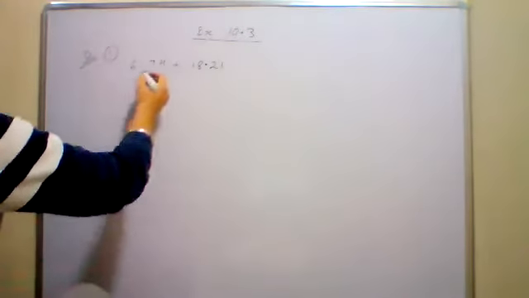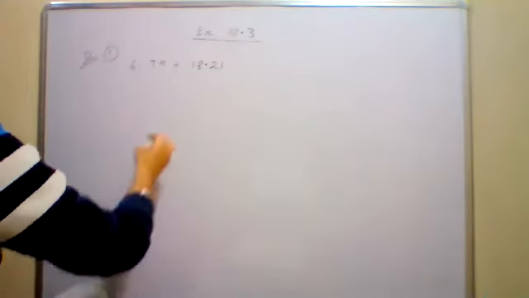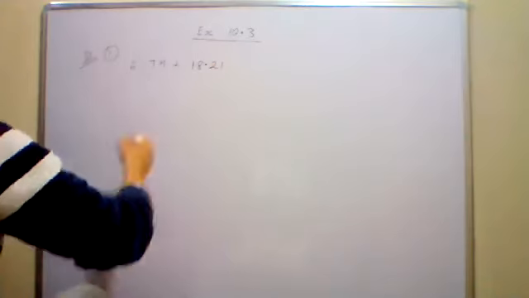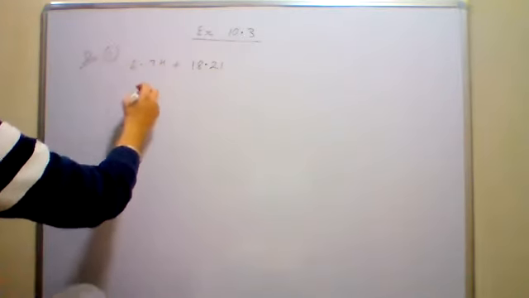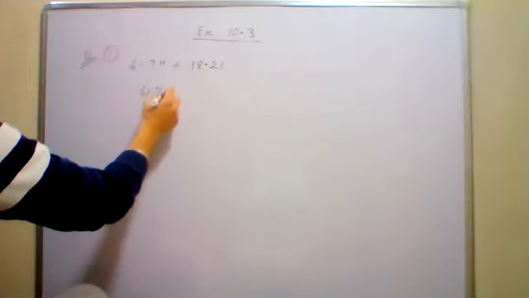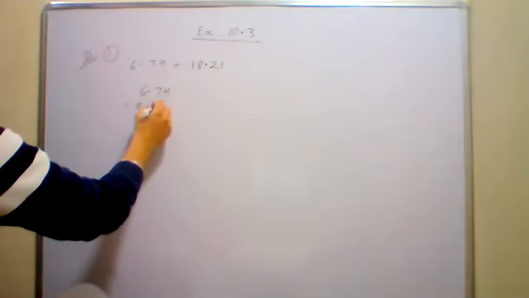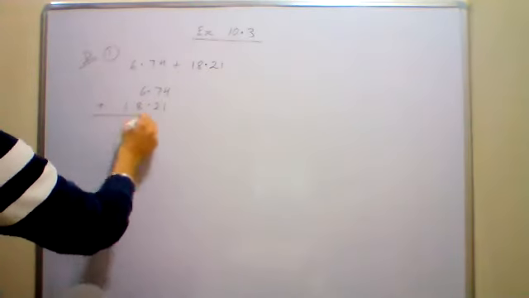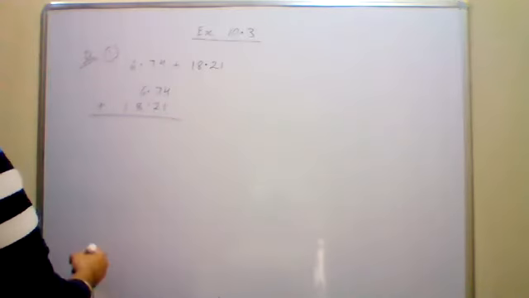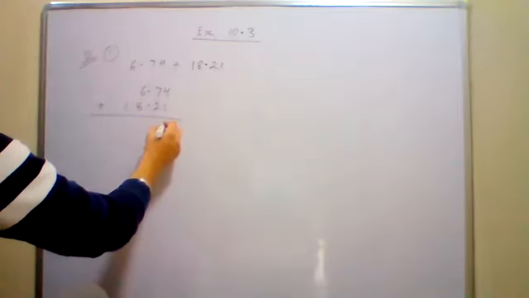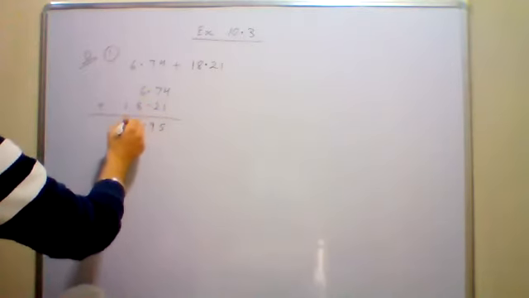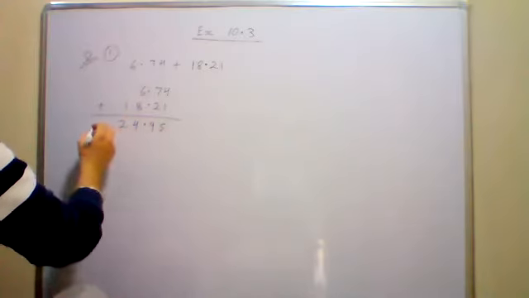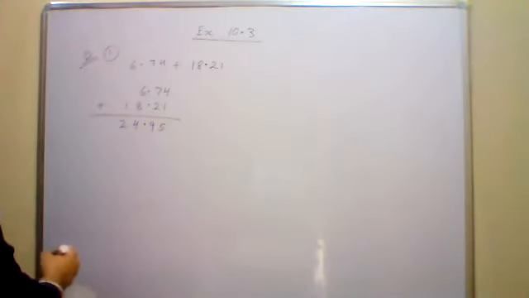You have to add these two numbers, and after adding, you have to write your answer in one decimal place. Let us add 6.74 and 18.21. You all know how to add decimal numbers. 4 plus 1 is 5, 7 plus 2 is 9, 14, 4, 2. 24.95 is the sum.